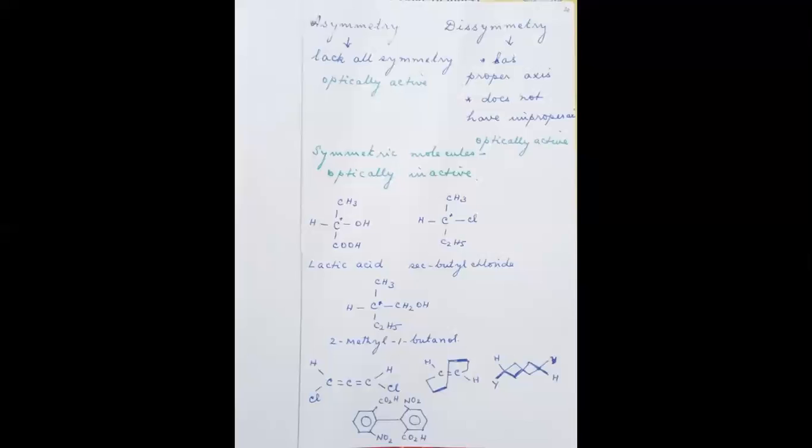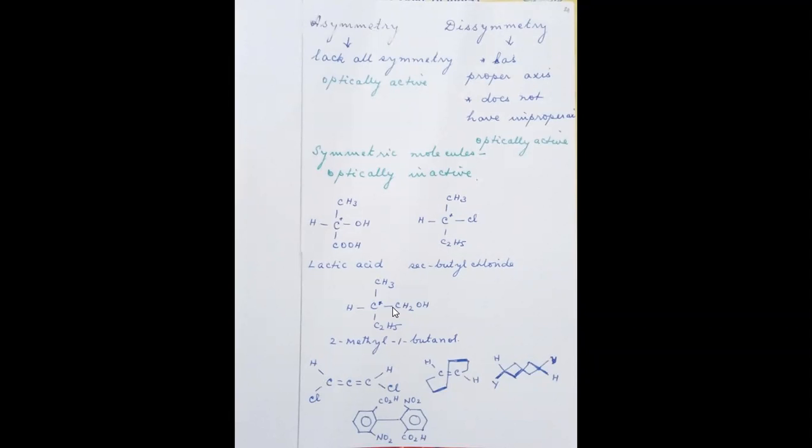First of all, you should understand the difference between the proper axis of symmetry and the improper axis of symmetry. In the proper axis of symmetry, when the molecule is rotated for an angle, you are getting an identical configuration. In the improper axis of symmetry, the molecule has to be rotated for a particular angle, and then the molecule has to be reflected about a plane which is perpendicular to the rotational axis.